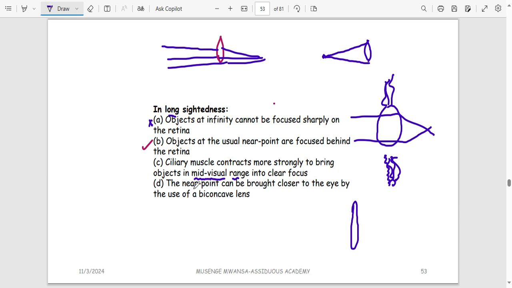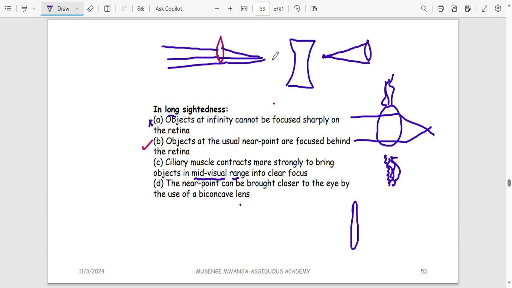Let's look at the next option: the near point can be brought closer to the eye by the use of a biconcave lens. I think this is not even making sense. How is the near point brought closer to the eye by using a biconcave lens? Of course, we know when you are treating this condition, besides what the body tries to do itself, you can use this lens which looks like this.